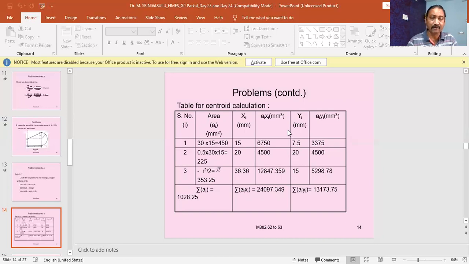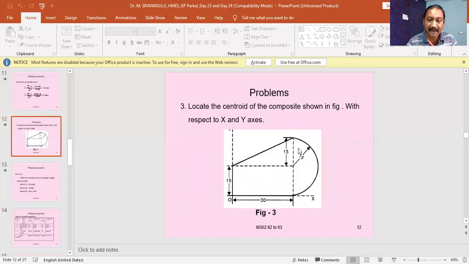Now coming to the y2. So here for the triangle 2, it is lying at a distance of h by 3 from this base of the triangle. But we need from here. So whatever this height is there, we have to add this height to this height. So here it is already 15 up to here. 15 plus this is 15 by 3.